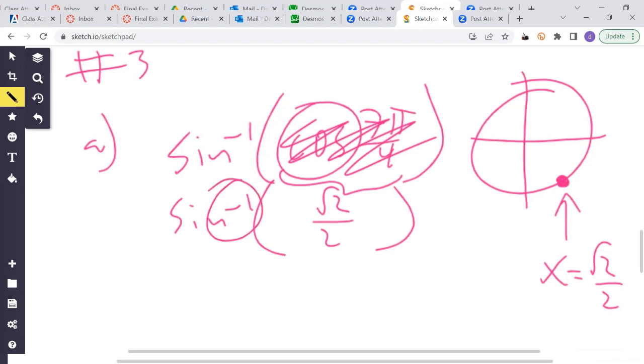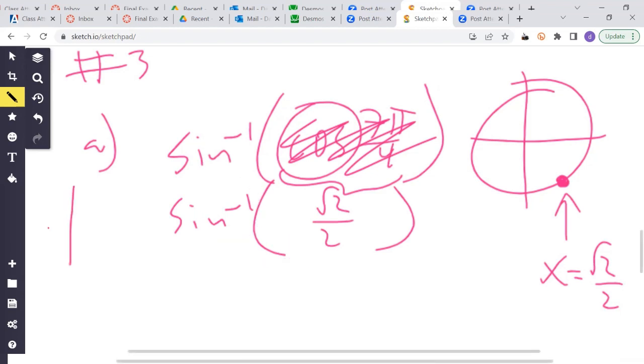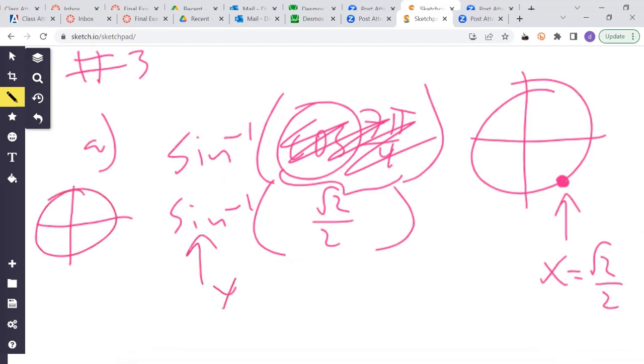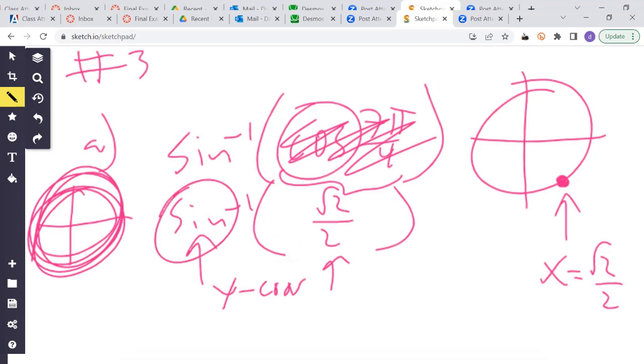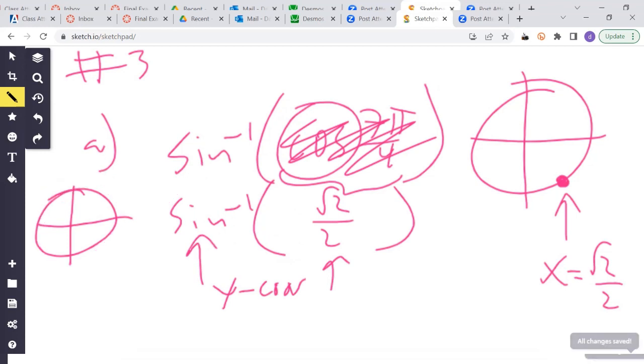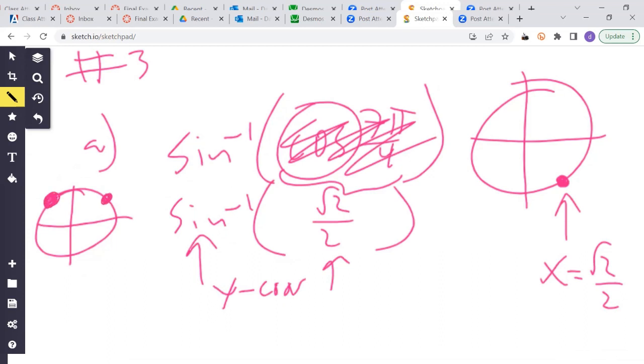But now you want the sine inverse of this. So what you do there is you think of the unit circle. And sine is y. And you want the y-coordinate to equal this. Where on the unit circle is the y-coordinate that number? Well, looking at your unit circle, the y-coordinate is this number here and also there. So which one is it?